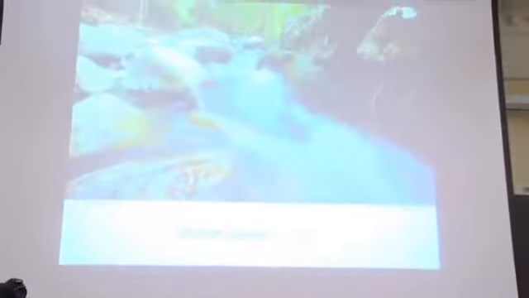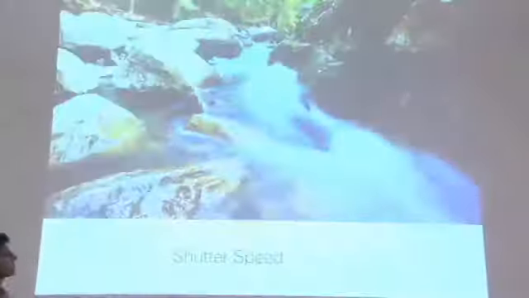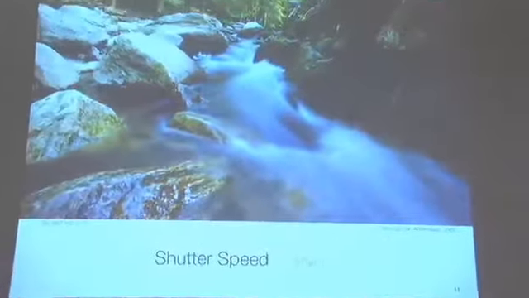But what can happen if you don't take care to keep something very still, for example, if you have a long shutter speed without a tripod, is that you will get blurriness in the image. And I'm sure many of you, if not all of you, are familiar with motion blur as a problem.